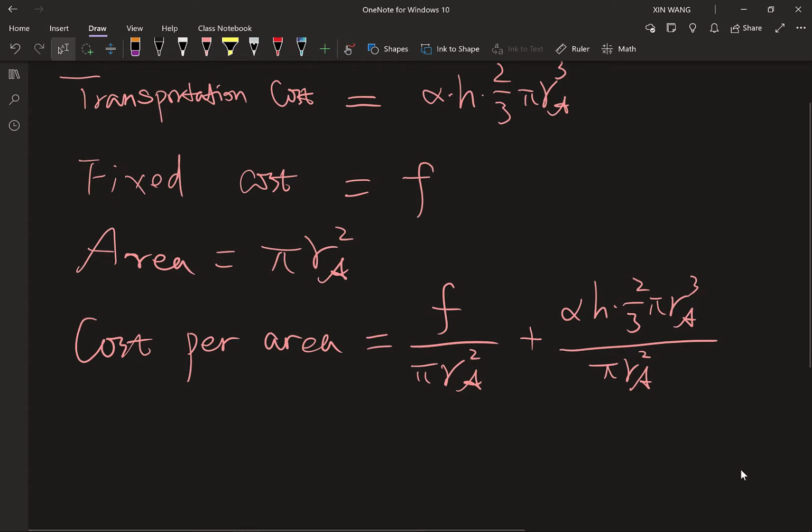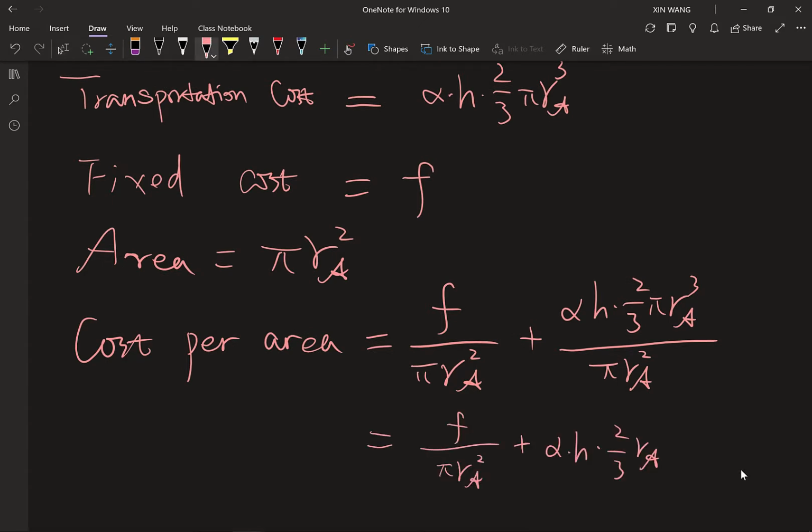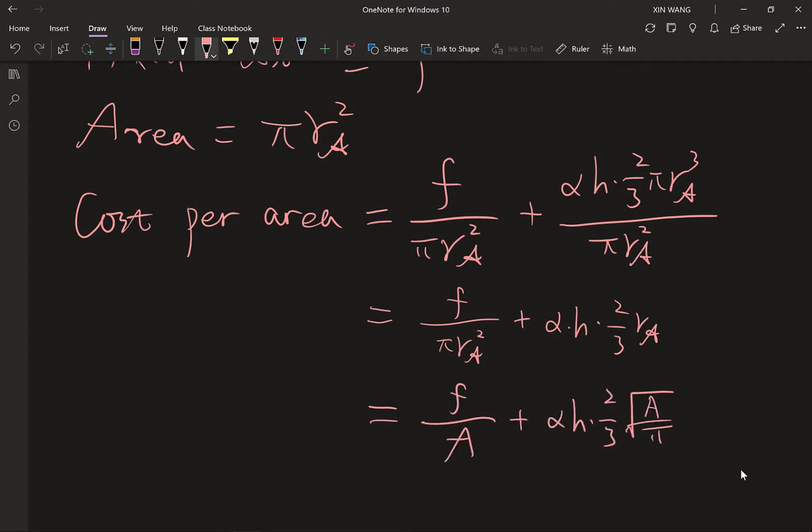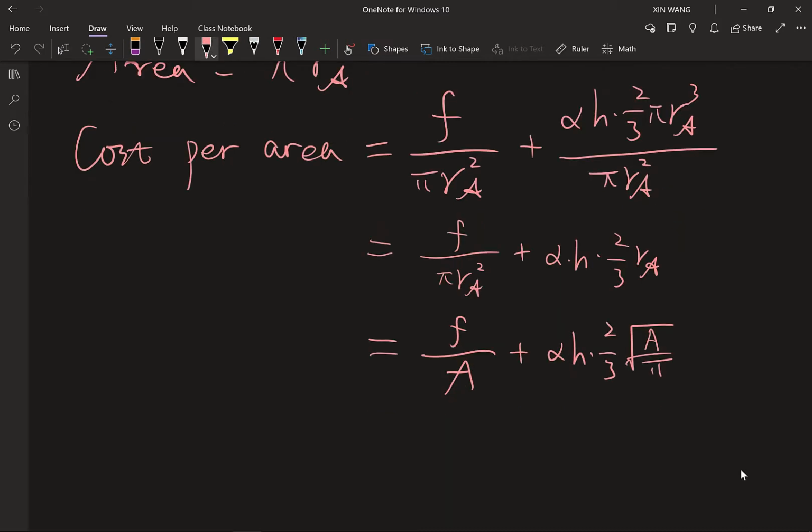Sometimes we use the entire area as a decision variable to calibrate the total cost. So we can equivalently write this term in this form, and then calculate the optimized covering area, which determines the density of the facilities. We have the total cost per area based on the decision variable, which is the size of the covering area.